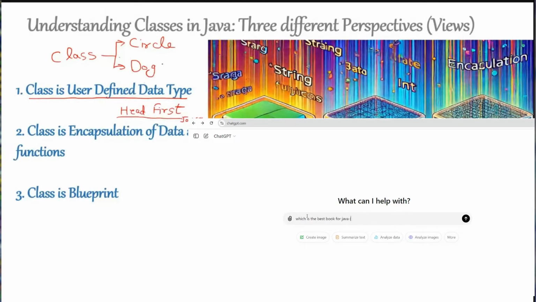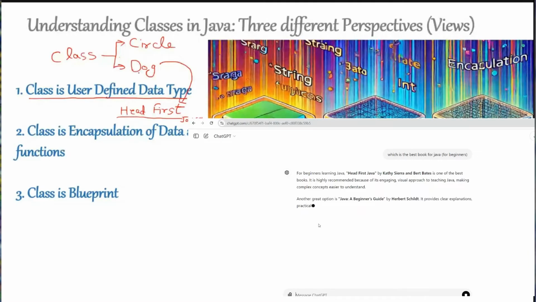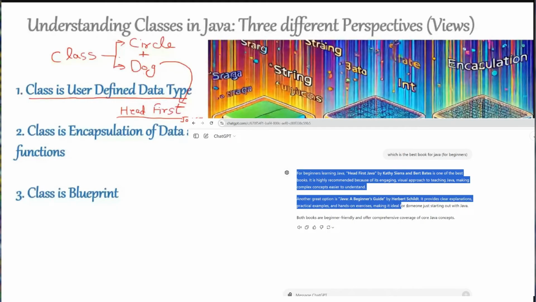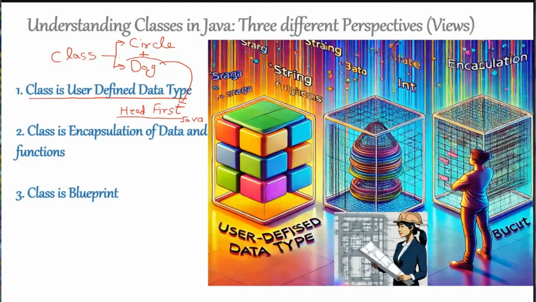So this is the most famous book. What I'm telling you is that this dog class is given extensively in this book. Every example in the book is explained through the dog class only. So we will consider two things: one is a circle class and one is a dog class. Circle class is related to computer programming, and this dog class is to understand and remember the different concepts that we are learning, because object oriented programming deals with real world objects.